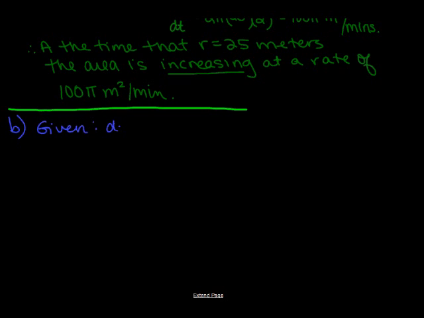We are still given dr dt is equal to 2 meters per minute. And this time we need dA dt when time is equal to 3 minutes.